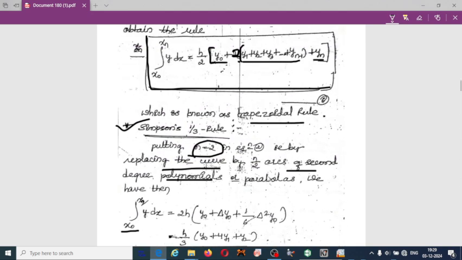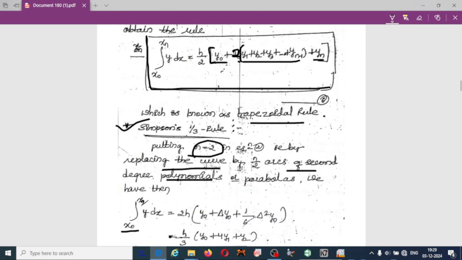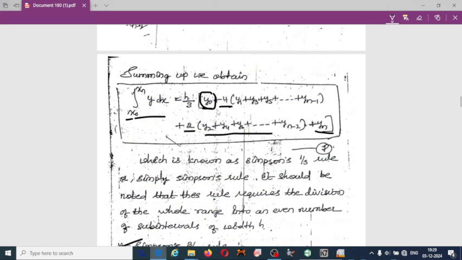So in the trapezoidal rule you should multiply all odd and even terms inside the bracket with 2. Here you have to separate the odd and even terms in Simpson's one-third rule.